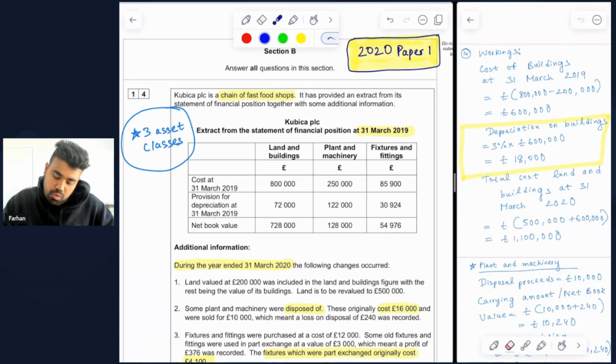The way we do it is we take the cost of £250,000 and then subtract the total provision for depreciation, and we get a net book value of £128,000 at 1 April 2019.